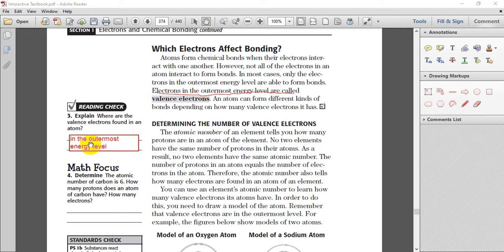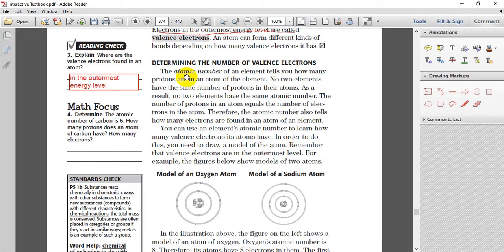Write the answer here. As we know from the third quarter, the atomic number is the number that shows how many protons are in the atom. And as we know, the protons equal the electrons.